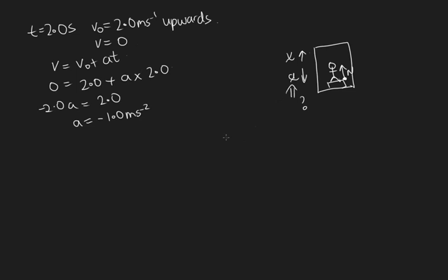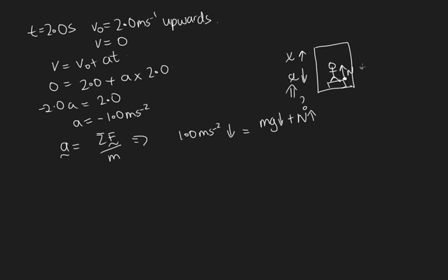Okay, so now what we'll do is we'll use Newton's second law, which tells us that the acceleration is equal to the net force over the mass, and this is the net force on the man over the mass of the man and the acceleration of the man. So we know that 1.0 meters per second squared downwards, so that negative sign is represented by this downwards, is equal to the net force on the man, which is mg downwards, plus the normal reaction force upwards.